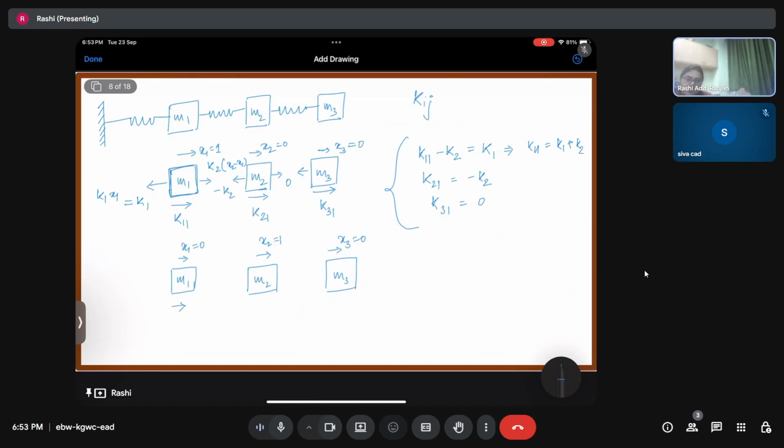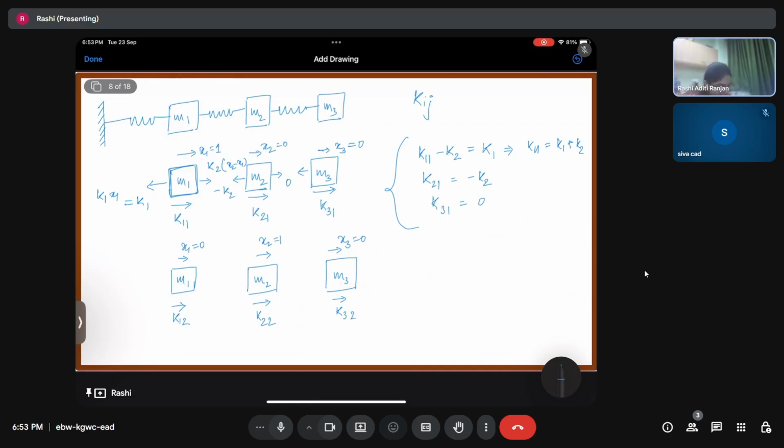Point J is going to be 2 over here, and point I is going to be 1, 2, and 3. K12, K22, K32.